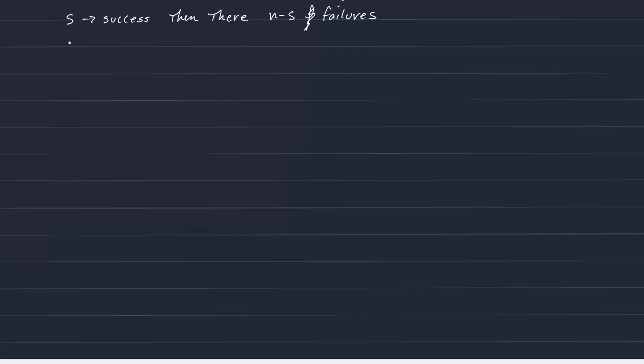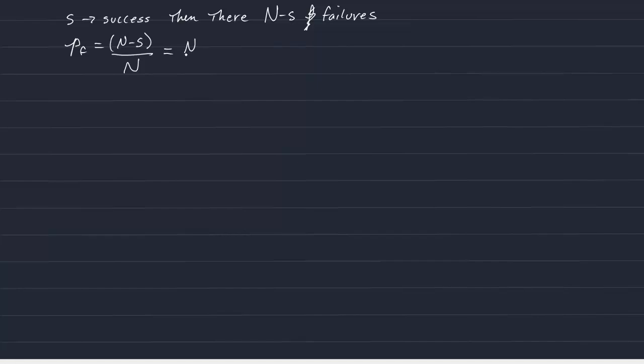So the probability of failure is the number of failures, N minus S, again, I should use large N here, divided by the number of total outcome possibilities.